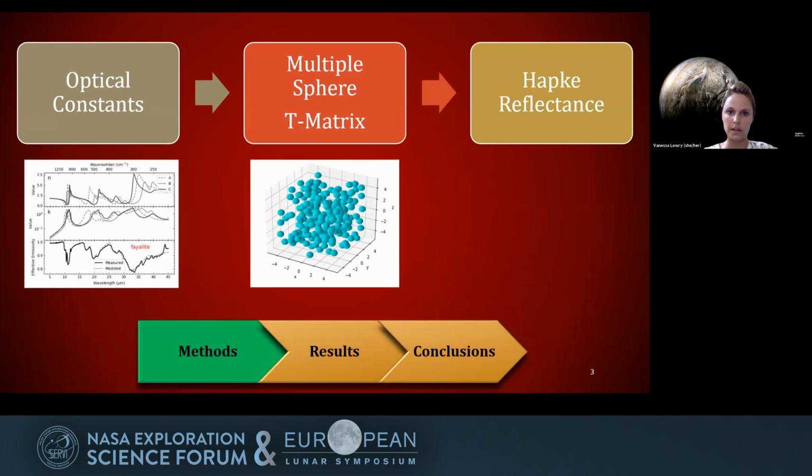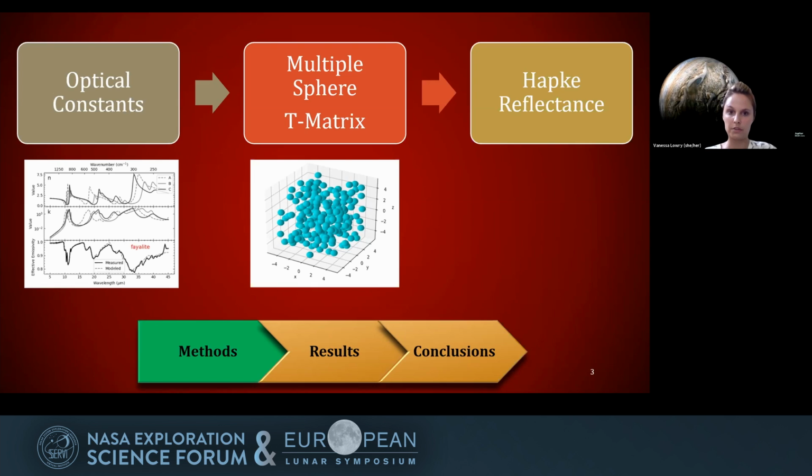So in this study, I used T-matrix, multisphere T-matrix, and Hapke reflectance models. Those are light scattering and reflectance models. I have shown two graphics under there giving you an example of the input required for T-matrix, being the optical constants, where I have phthalate, which is iron-rich olivine optical constants, shown there, and also my particle positions.